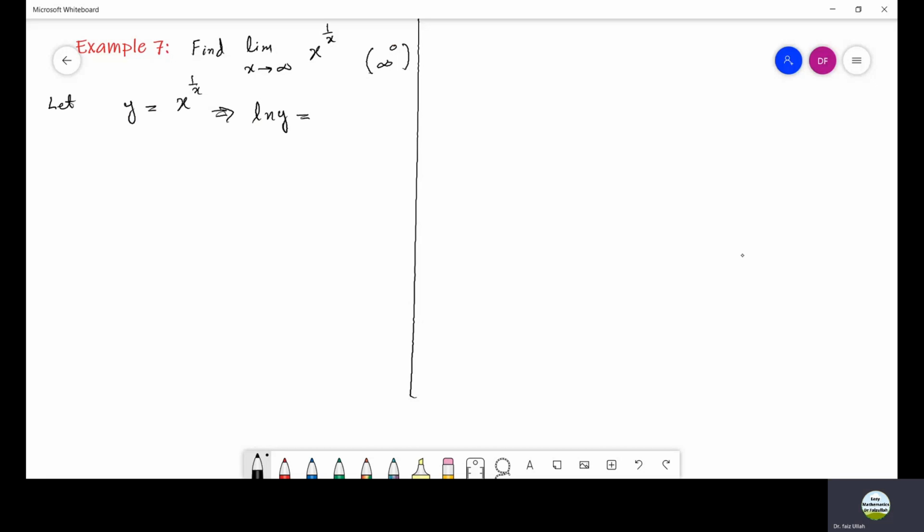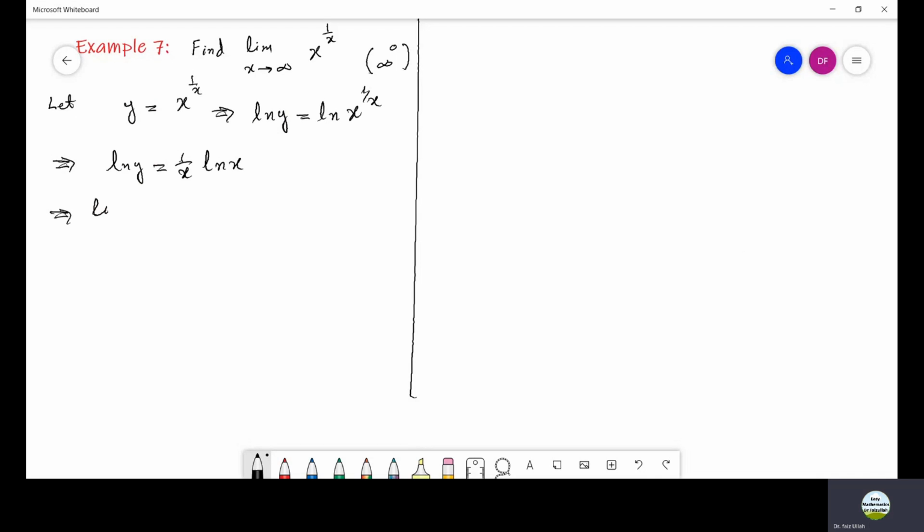So we have ln y is equal to ln x power 1 over x. According to the rules of logarithm, we can write ln y is equal to 1 over x into ln x. And now let us take limits on both sides.